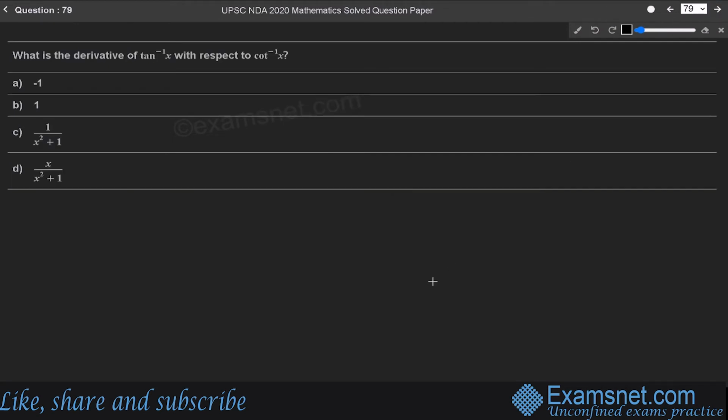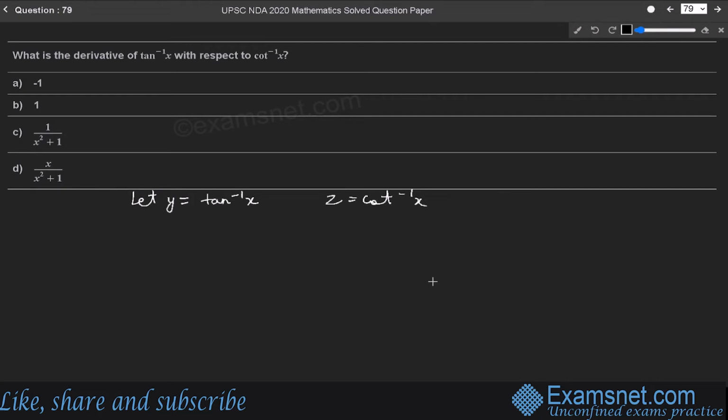Next question is, what is the derivative of tan inverse x with respect to cot inverse x? It is also a question from limits and derivatives, but here we have to find the derivative of tan inverse x with respect to cot inverse x. Let y is equal to tan inverse x and z is equal to cot inverse x.